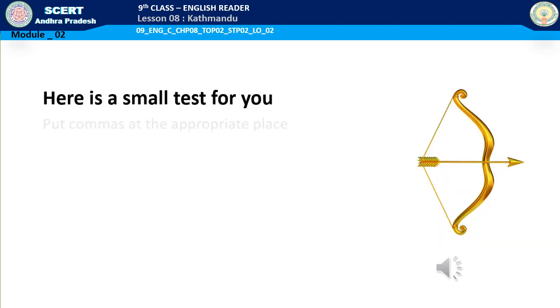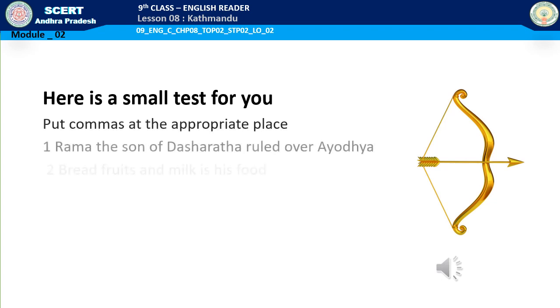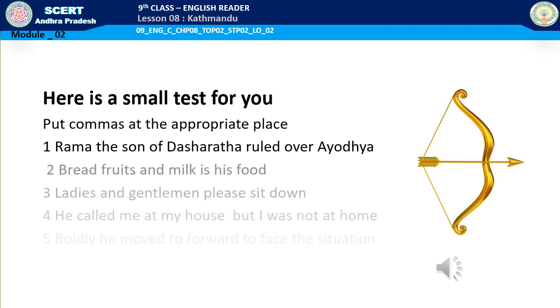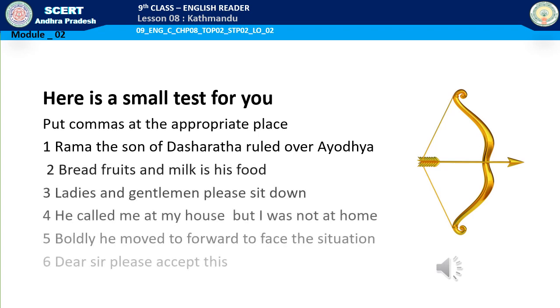A small test for you. Here, some sentences are given. You have to put comma mark at the appropriate places. Rama, the son of Dasharatha, ruled over Ayodhya. Bread, fruits, and milk is his food.